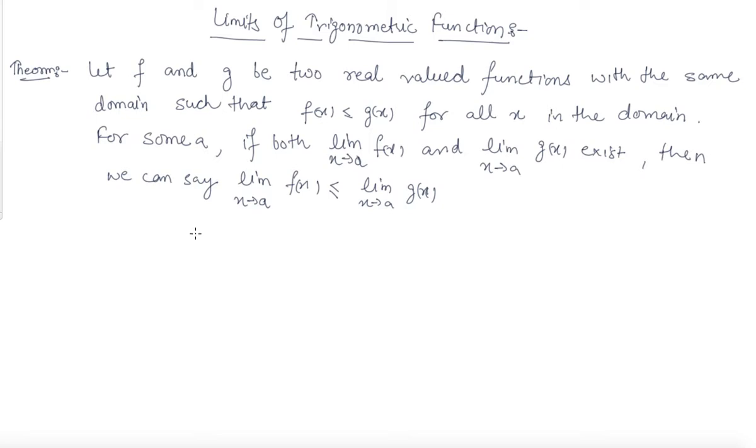I can plot this theorem on graph paper like this. Let's say this is your function y equals f(x), and there is another function y equals g(x). Okay, and this is the point where they both are equal.